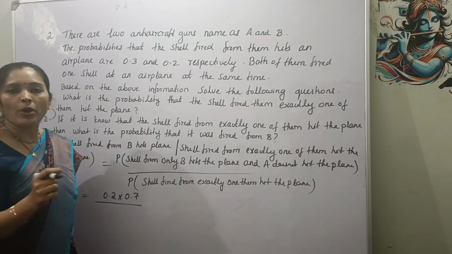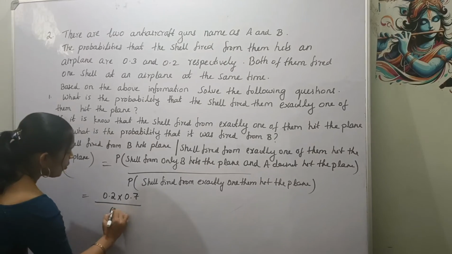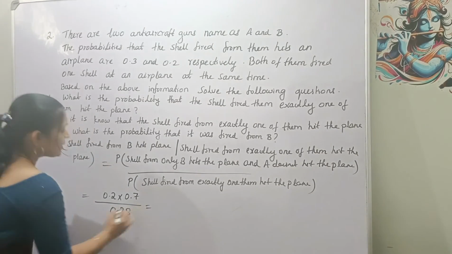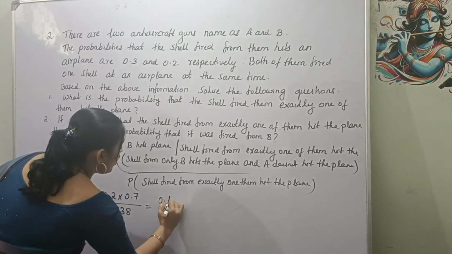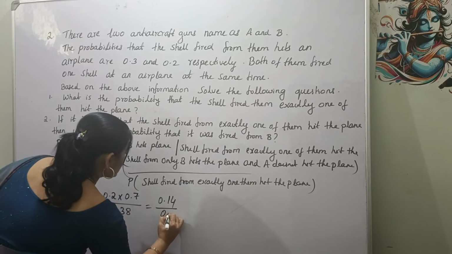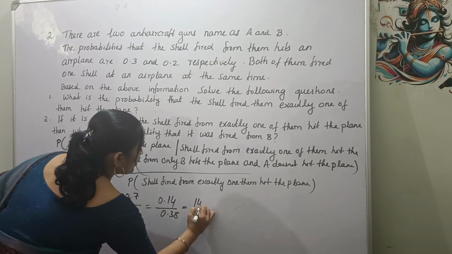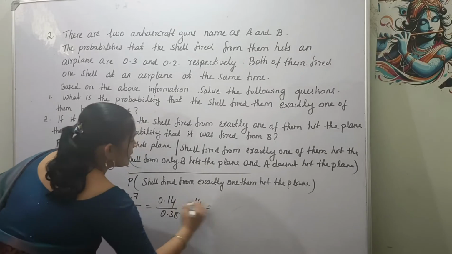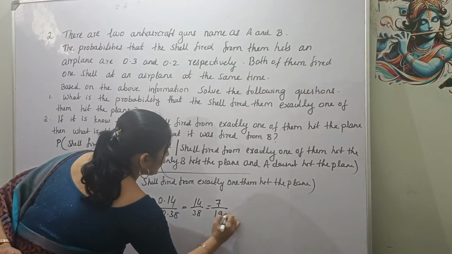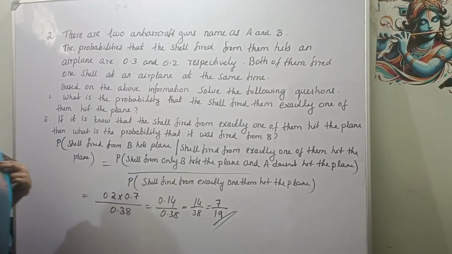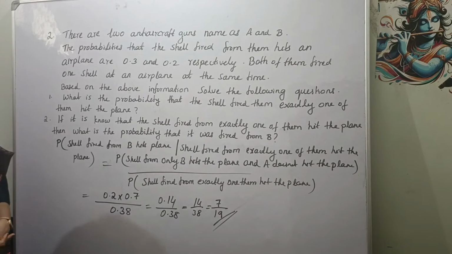We have got 0.38. That is equal to 0.14 divided by 0.38, that is 14 divided by 38, that is 7 divided by 19. So the required probability is equal to 7 divided by 19.